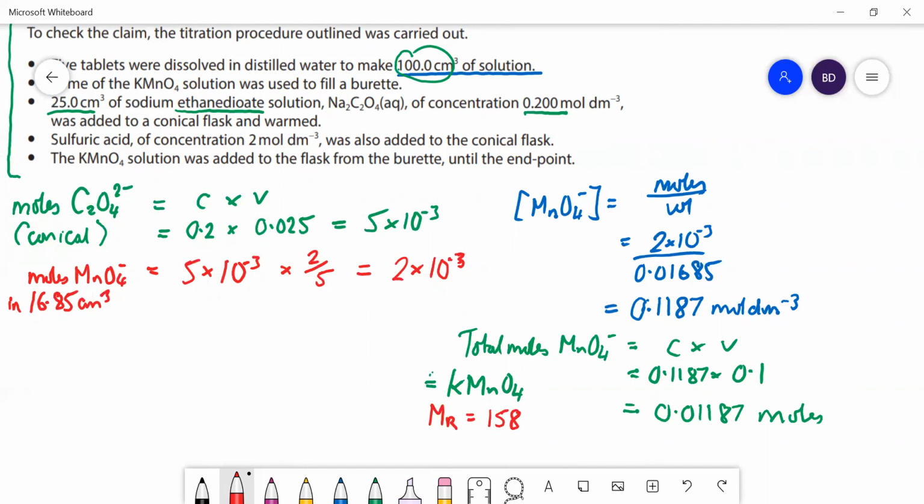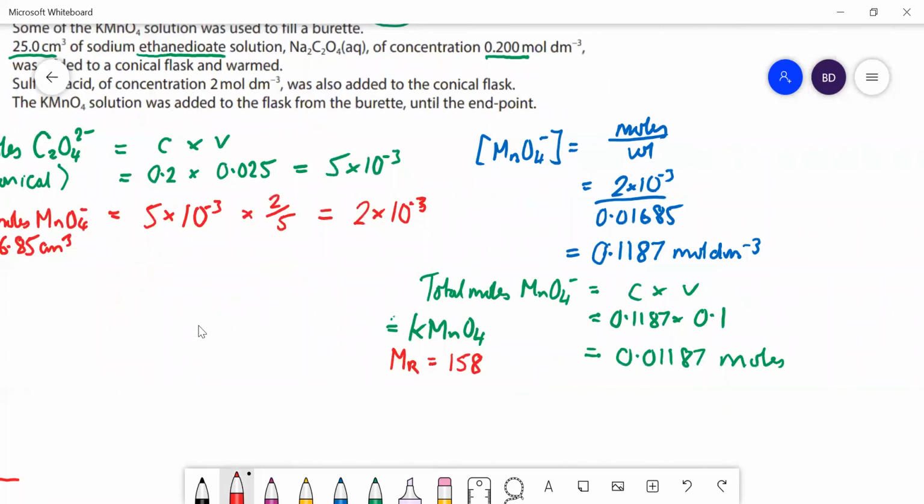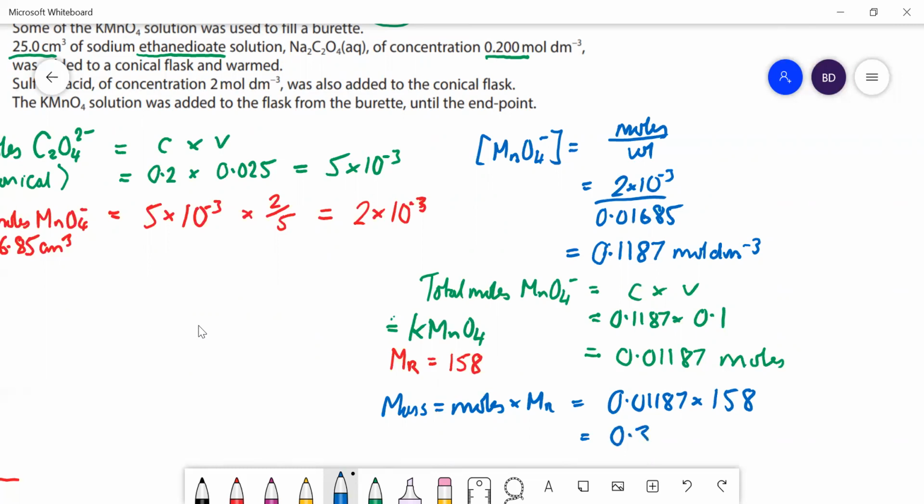Right. So now we need to work out the mass of the potassium manganate. So mass is equal to moles times MR. The moles is 0.01187 and the MR 158. That is equal to 0.3744 grams.